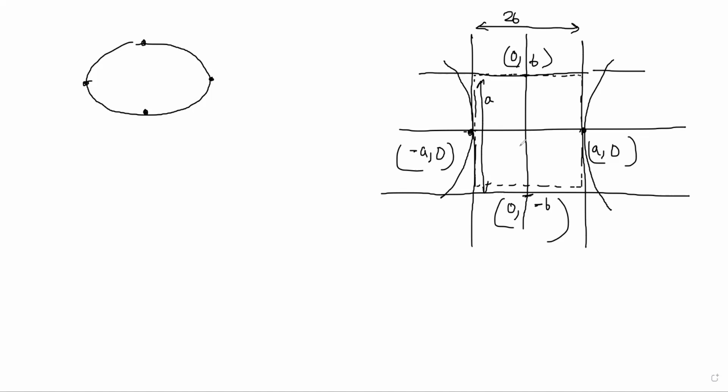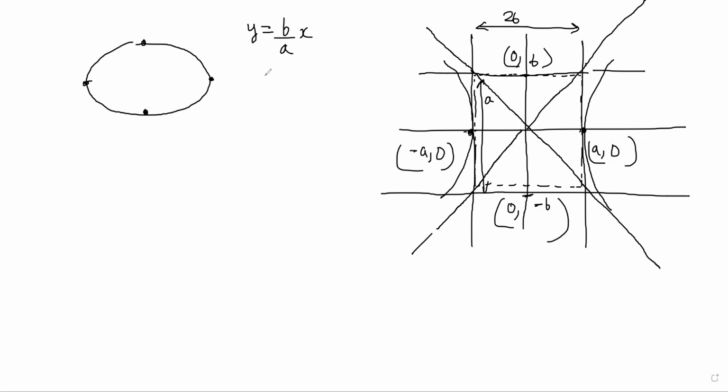Now, the diagonals of this rectangle are the asymptotes of the hyperbola. So this is one diagonal and this is another diagonal. The equations of the diagonals are y is equal to b by a x and y is equal to minus b by a x.